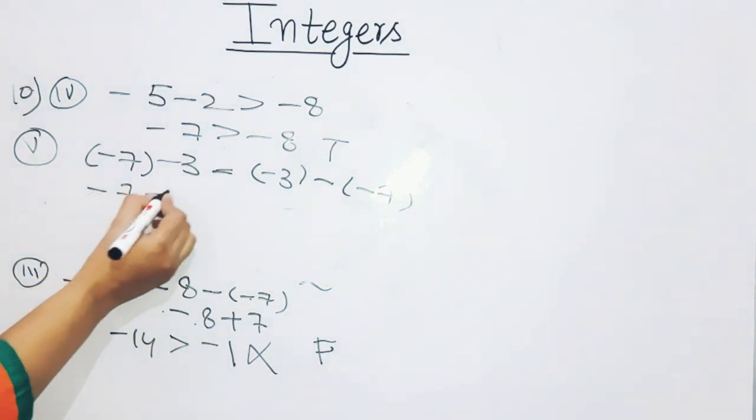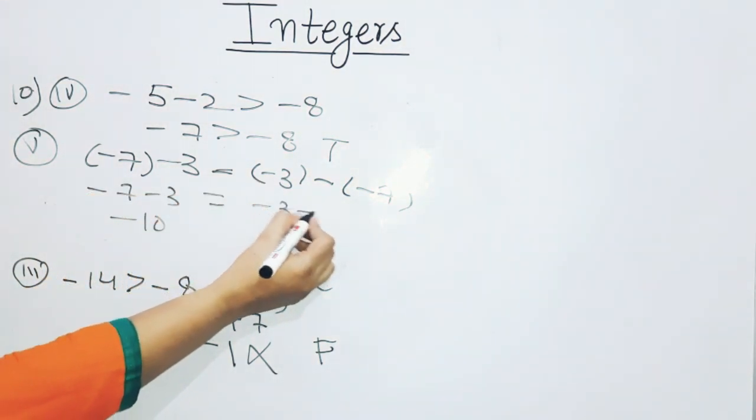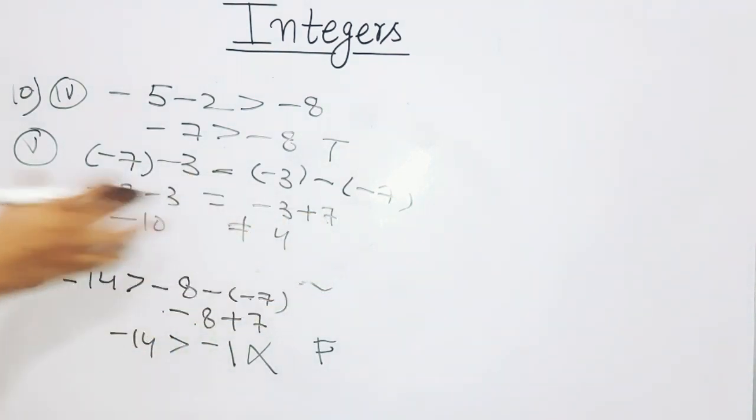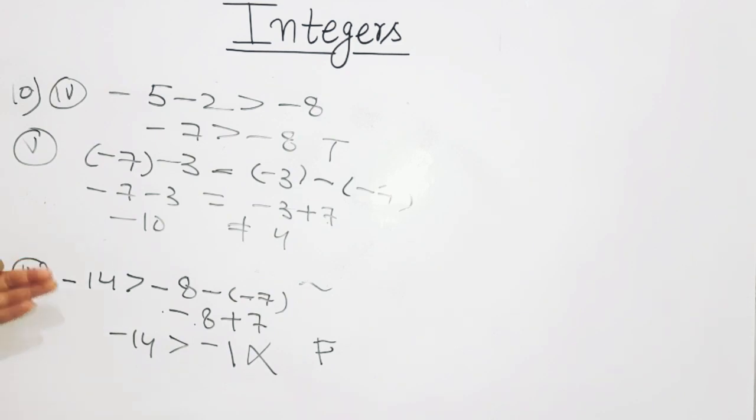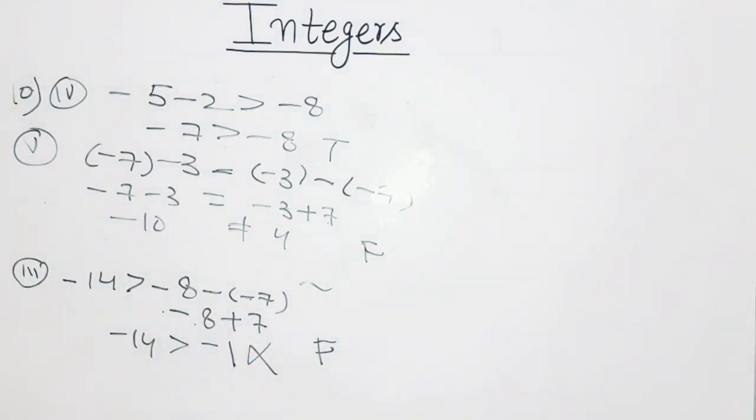So minus 7 minus 3 is minus 10. We all know that. Now minus 3 minus 7 is equals to minus 10. See, both are not equal, but as per the true false the equal to sign was there. That means this is also false. So till here I hope everybody must have understood.